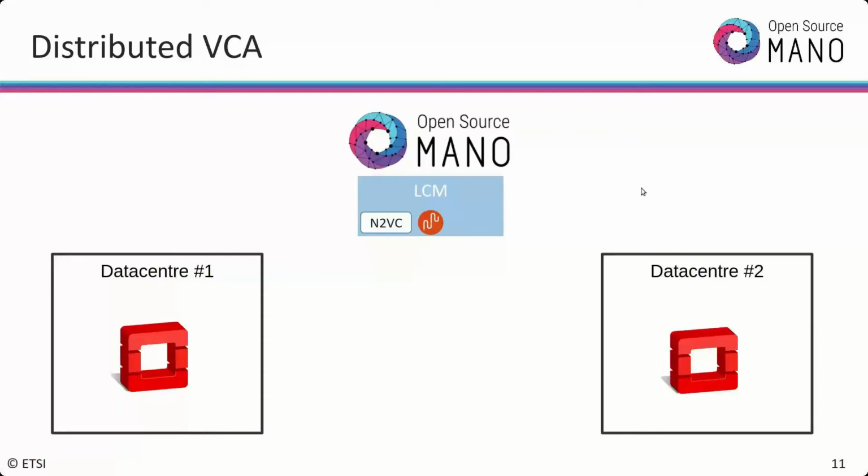And all the charms will need connectivity back to the Juju controller. So if you've got things running in multiple data centers, we're going to need to have two-way communication from each data center to where open source Mano lives, so that the proper communication and commands and everything like that can happen between the two of them.